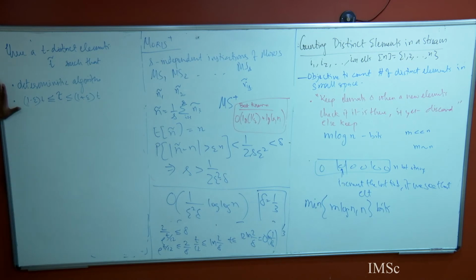I'm not allowing you randomization. All I'm allowing you is an approximation to the number, but you have to give me a deterministic approximation.